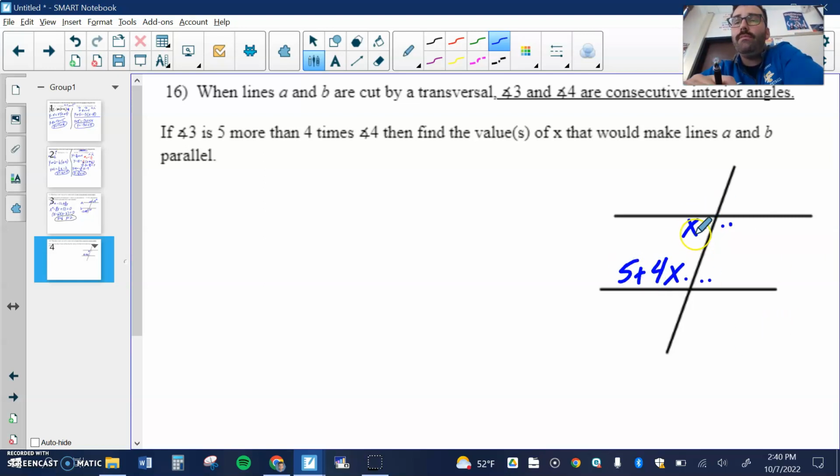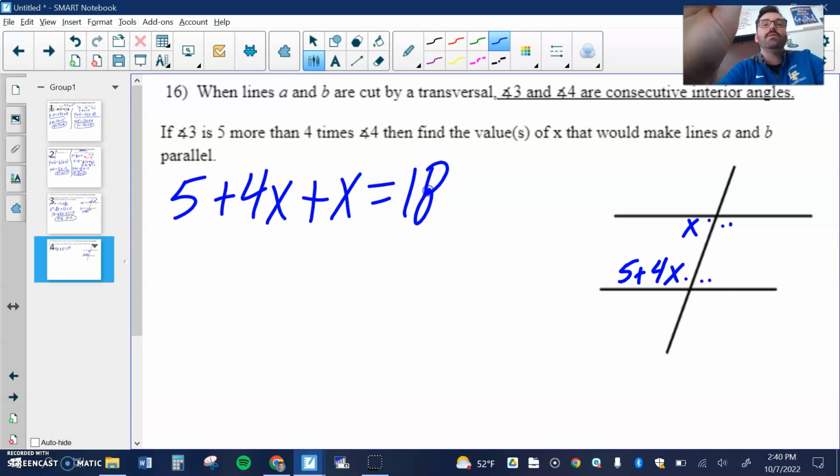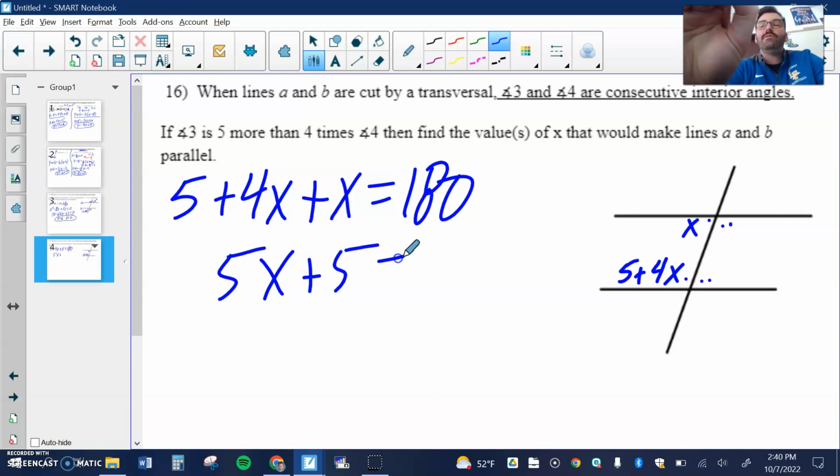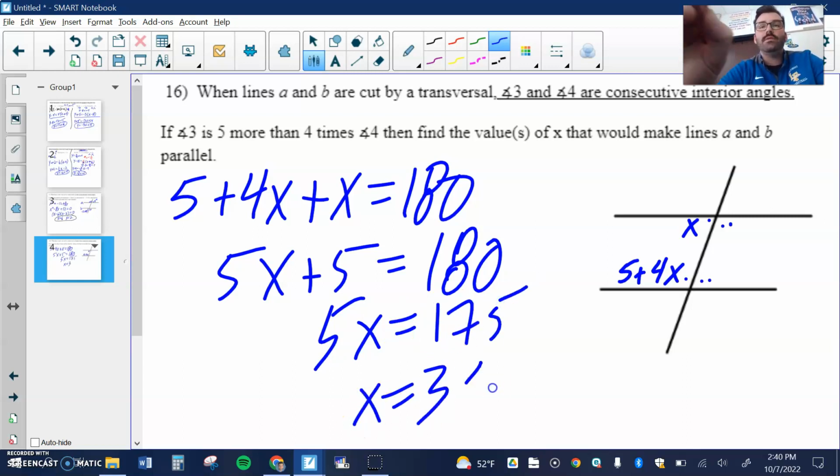Anytime we don't know something, we have an unknown in math, we use x. 4 times that is 4x, 5 more, plus 5. Since they are consecutive interior angles, they are supplementary. So I get 5x plus 5 equals 180. 5x equals 175. x equals 35.